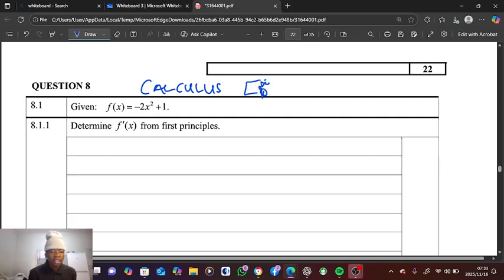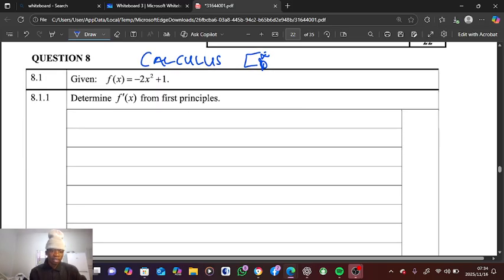It says, given that f(x) = -2x² + 1, 8.1 says determine f'(x) from first principles. We know that first principle is what?